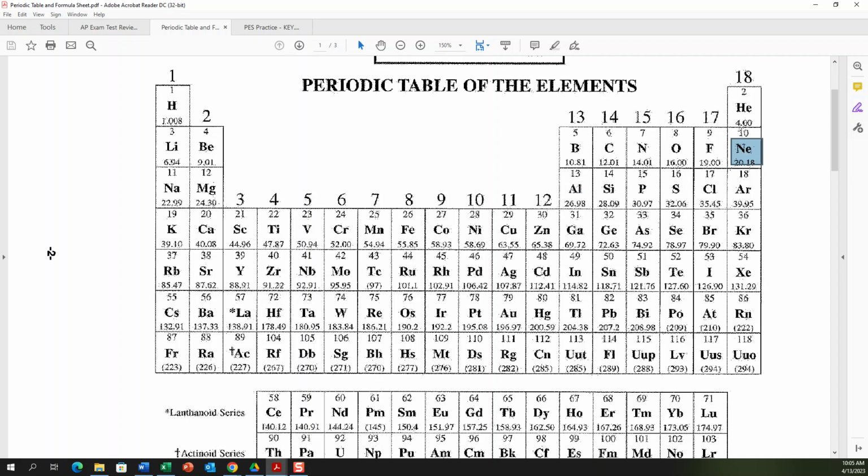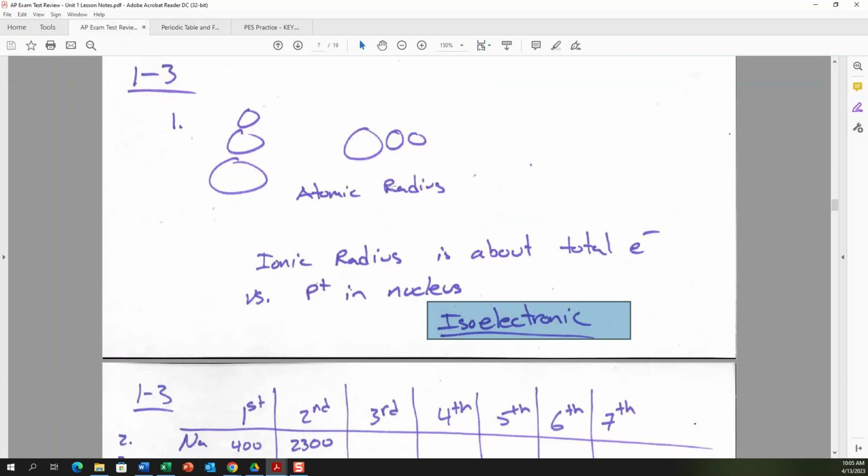They both have 10 electrons. So aluminum, because it has 13 protons in the nucleus, aluminum ions are going to be a lot smaller than N3 minus ions because N3 minus only has 7 protons in the nucleus. Aluminum 3 plus has 13 protons in the nucleus, right? So ions are a different story, right? So just remember that part of the radius trend.